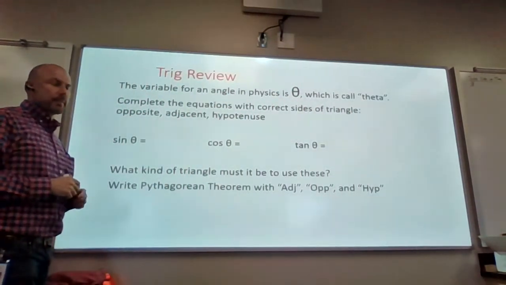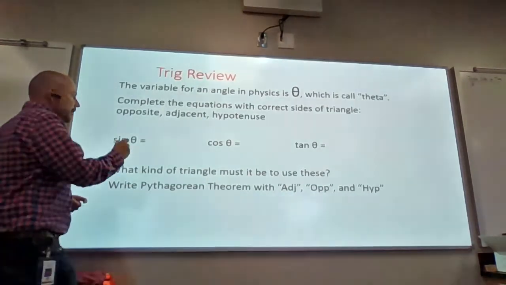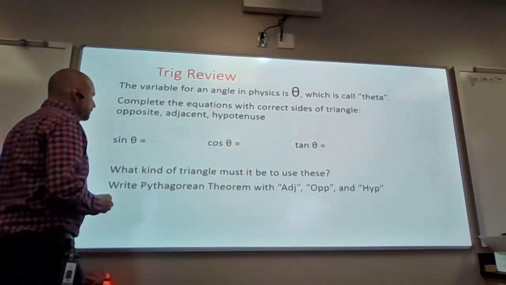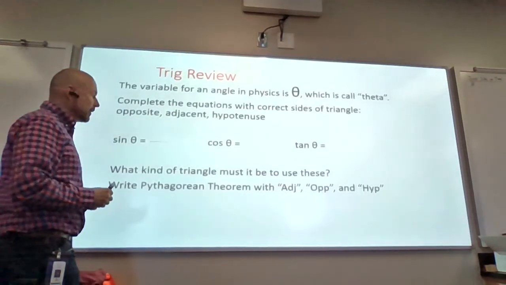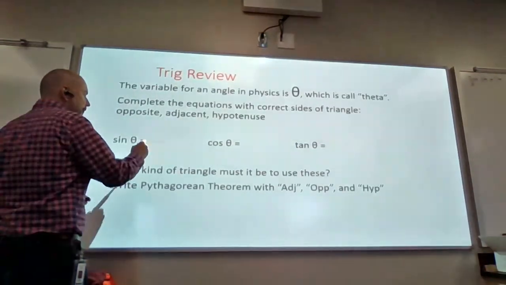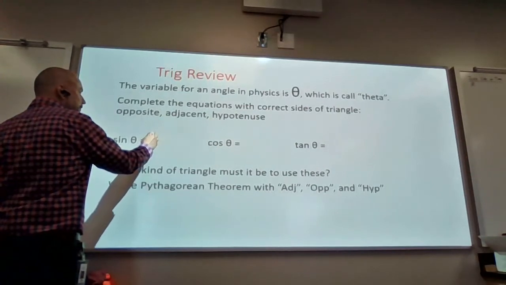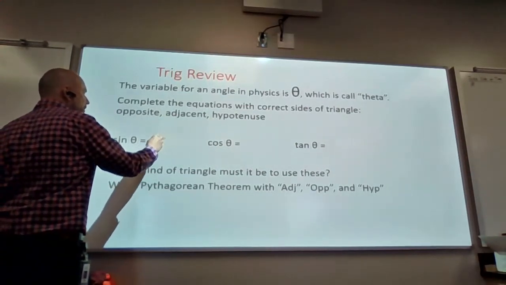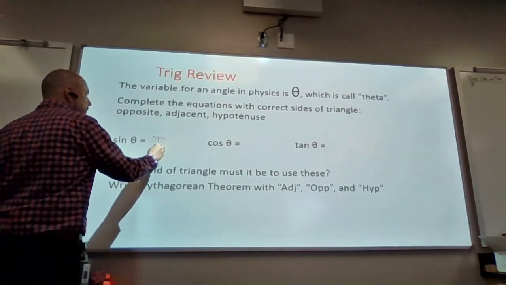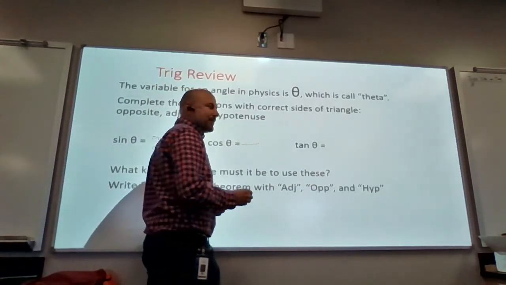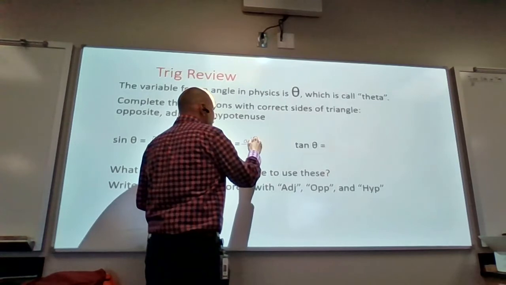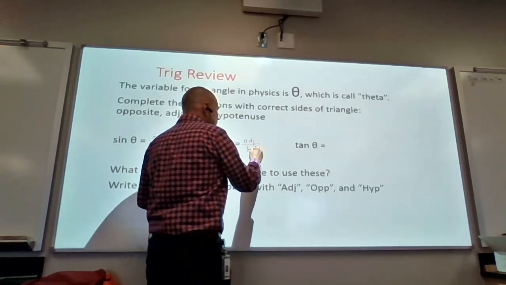Sine, cosine, tangent. Hopefully you've had this memorized already because they made you memorize this in math class. Okay, so sine is equal to opposite over hypotenuse. Cosine is equal to adjacent over hypotenuse.